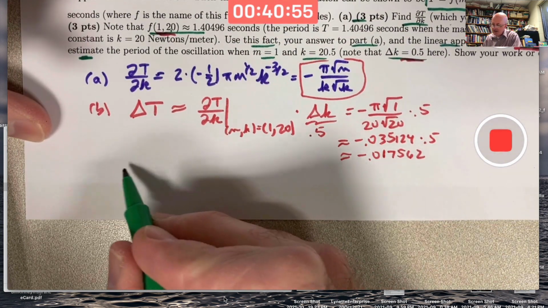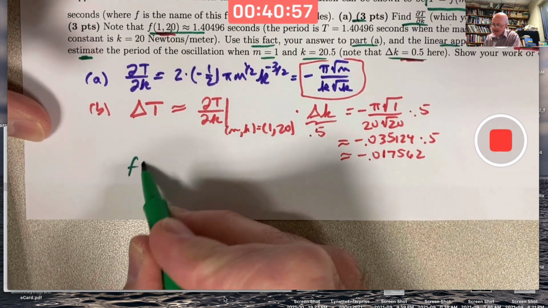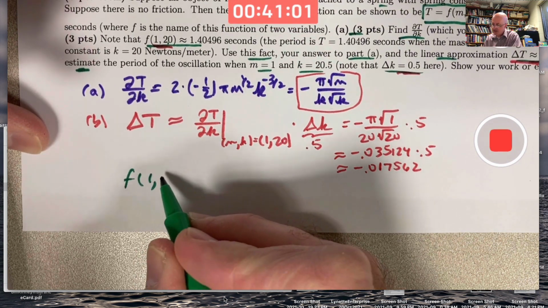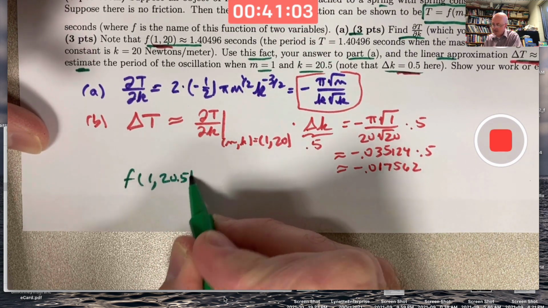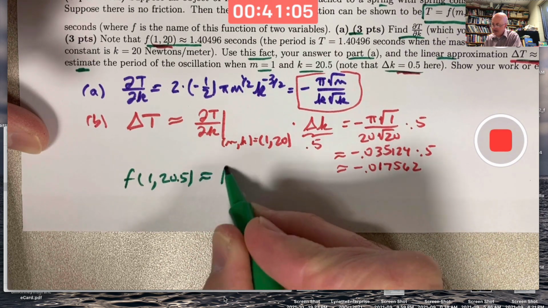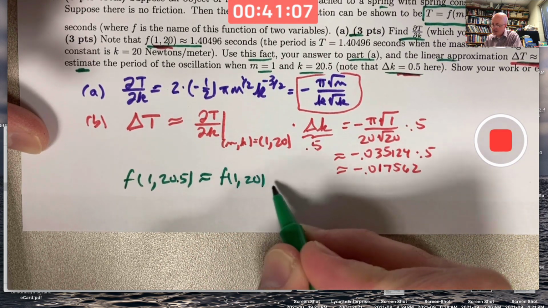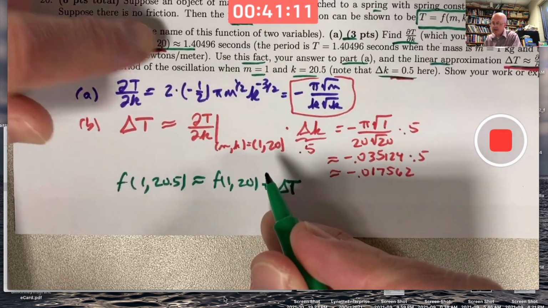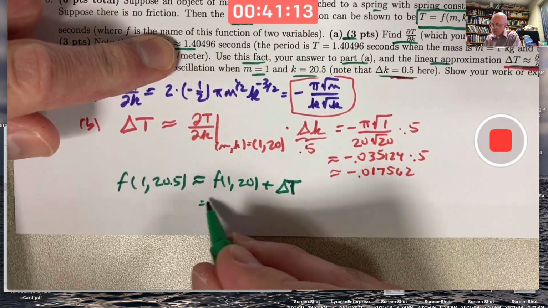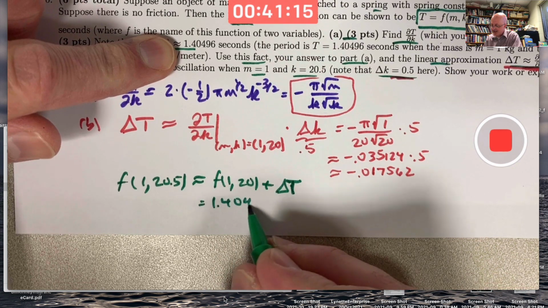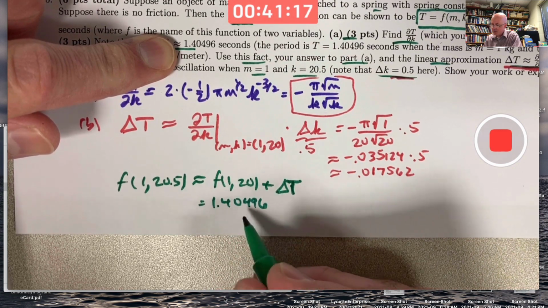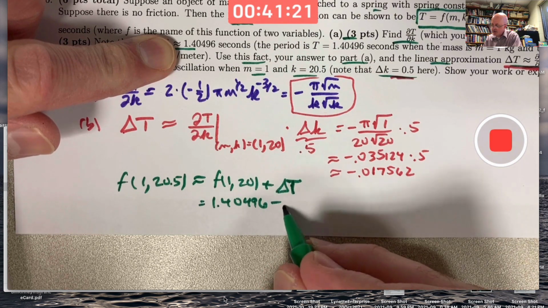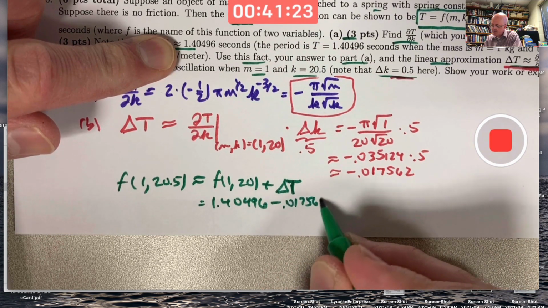So we're trying to estimate the period when m is still 1, but k has increased to 20.5. That's going to be approximately f of (1, 20) plus delta T, delta capital T. f of (1, 20) is this, 1.40496. That's probably too many significant figures as well. Plus delta T, which is minus 0.017562.